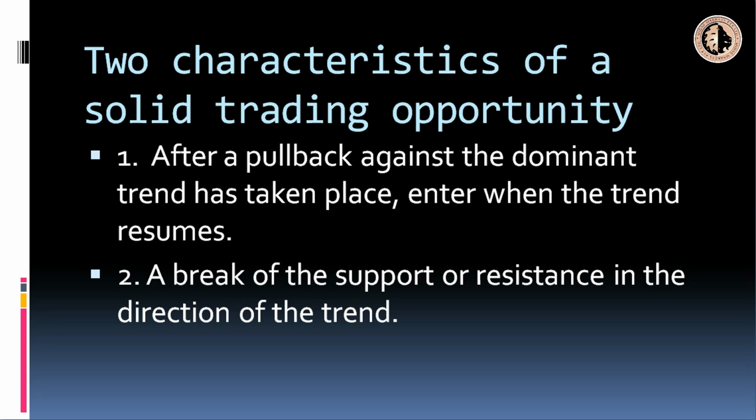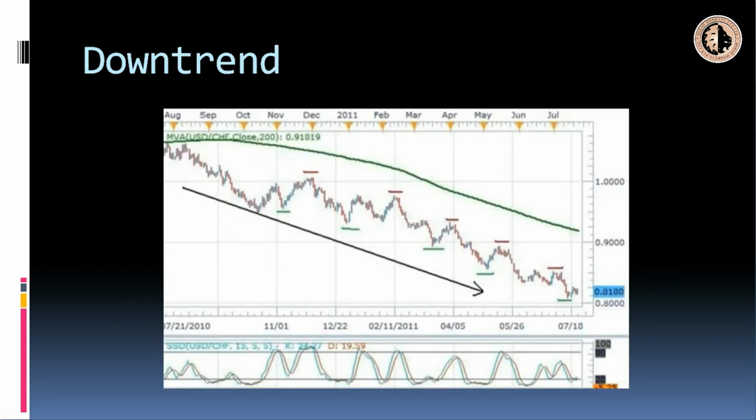You wait for a pullback against the dominant trend, and once that pullback has taken place and the trend has resumed, then you get into the market. Or the second one, you wait for a break of the support or the resistance in the direction of that particular trend. So here is a downward trend.